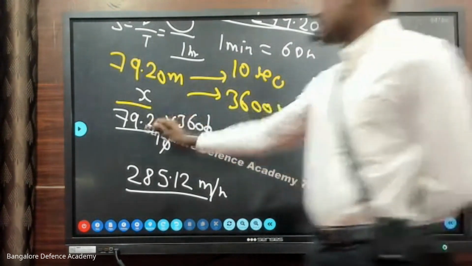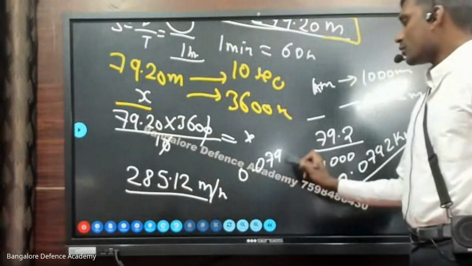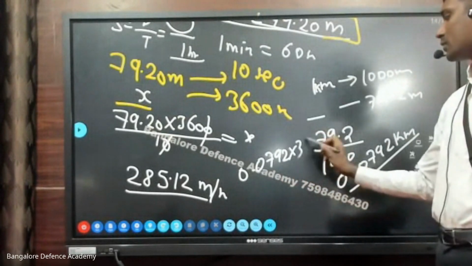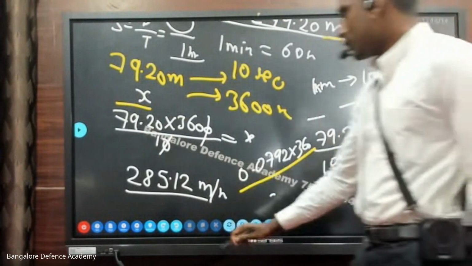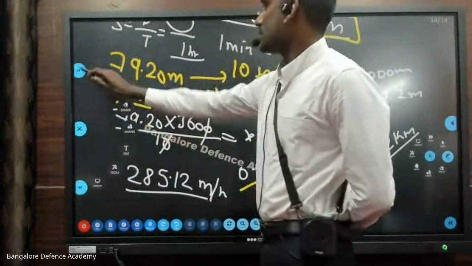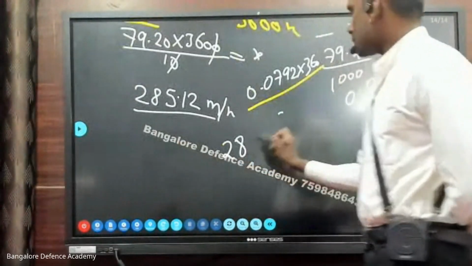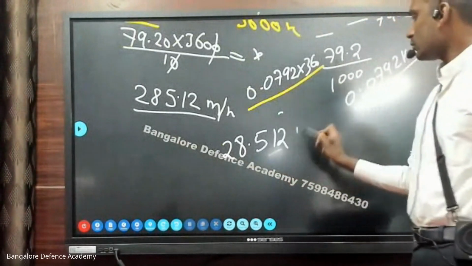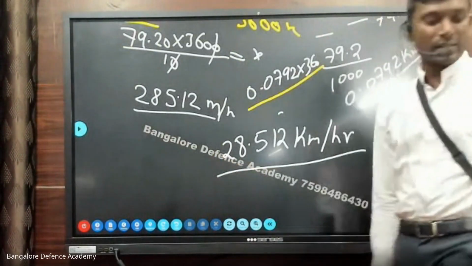Now multiply this, 0.0792 into 360. So now what happens? I get an answer. The answer is 28.512 kilometer per hour. This is the speed of the bicycle.